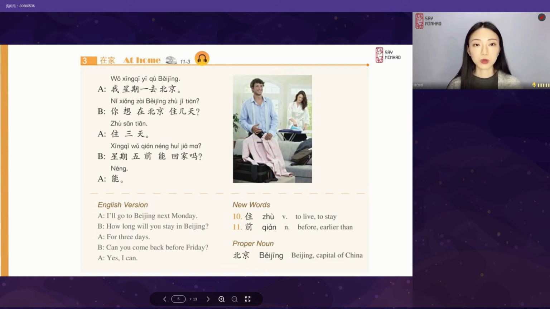I will be A and you will be B. 我星期一去北京。住3天。能。Okay, let's switch the roles.